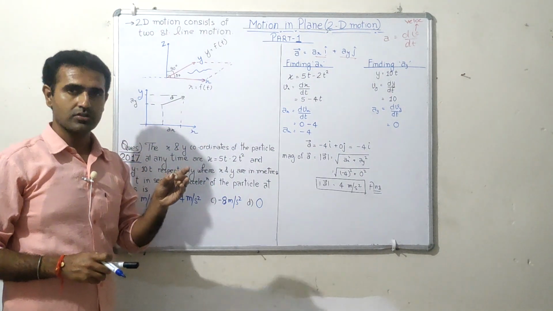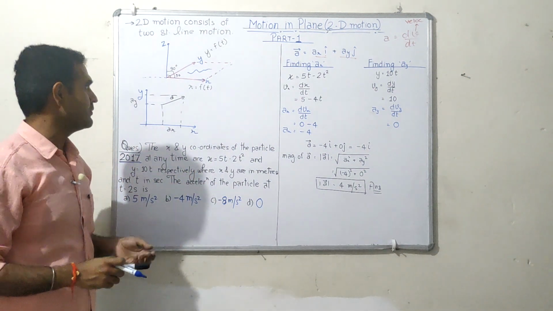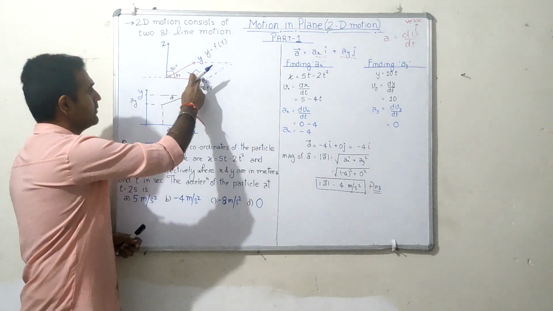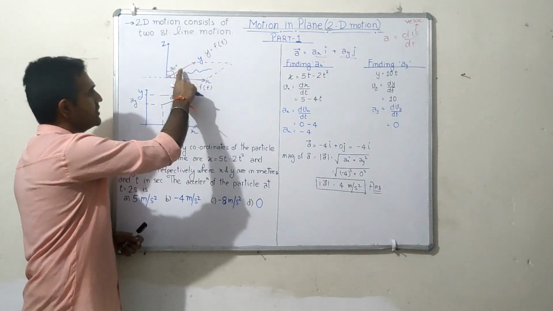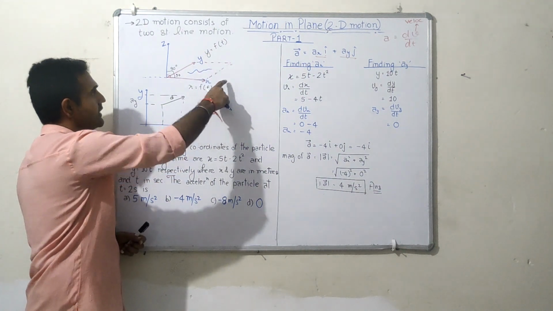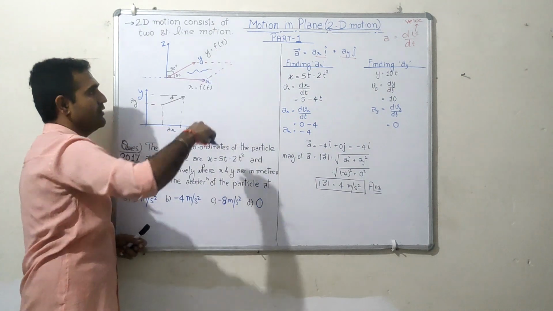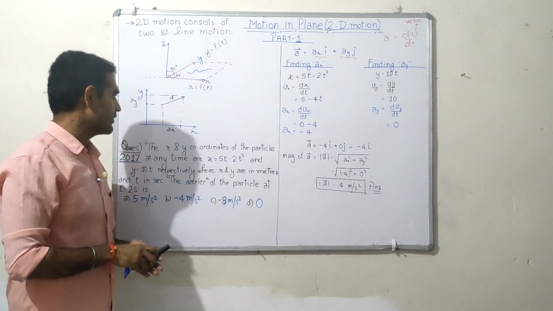Striking of a striker on the carom board is also an example of plane motion. So this motion in a plane consists of two straight line motions, one in the x direction and the other in the y direction. We will have the equation of motion for each, and we need to find out the necessary parameters like velocity, acceleration, etc.